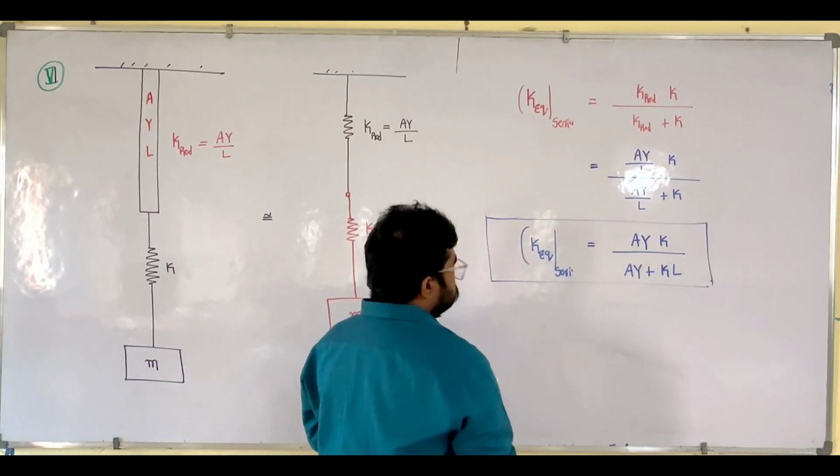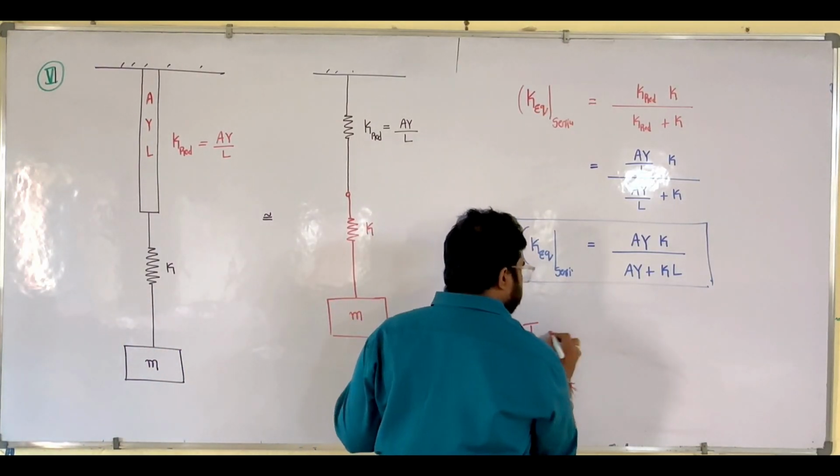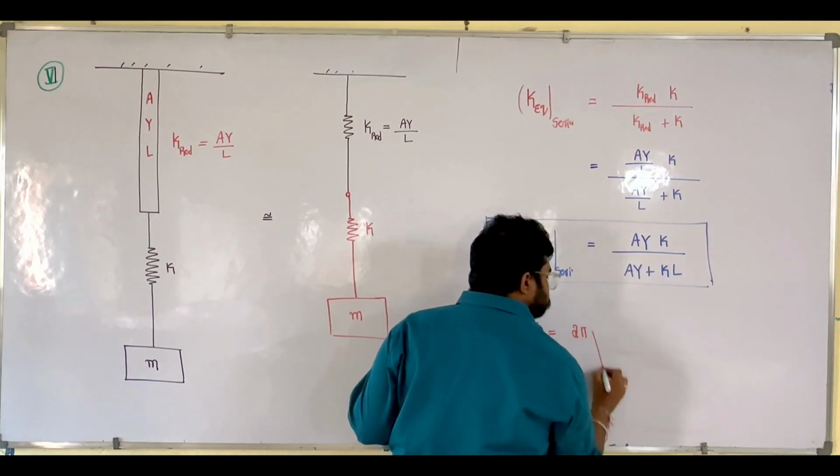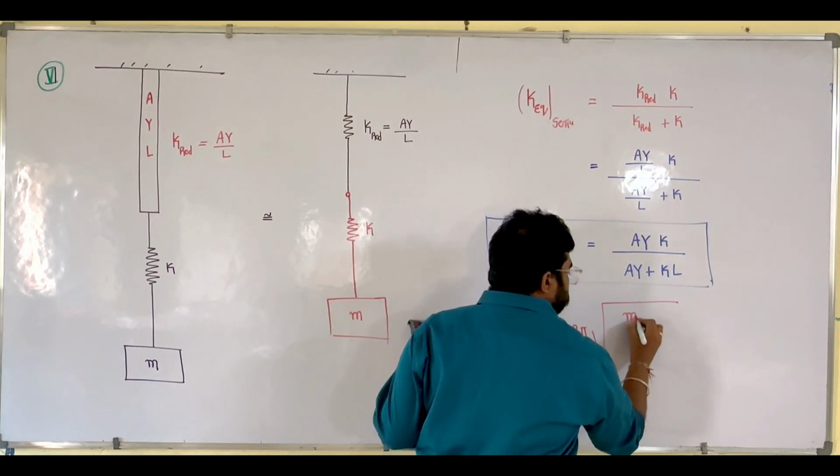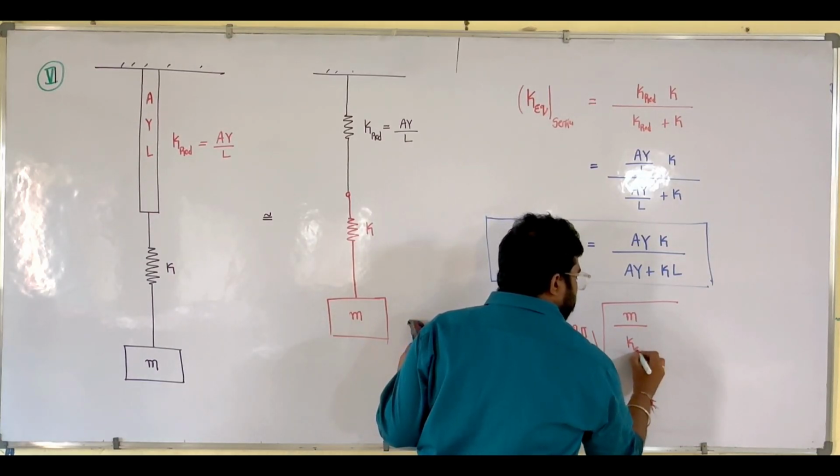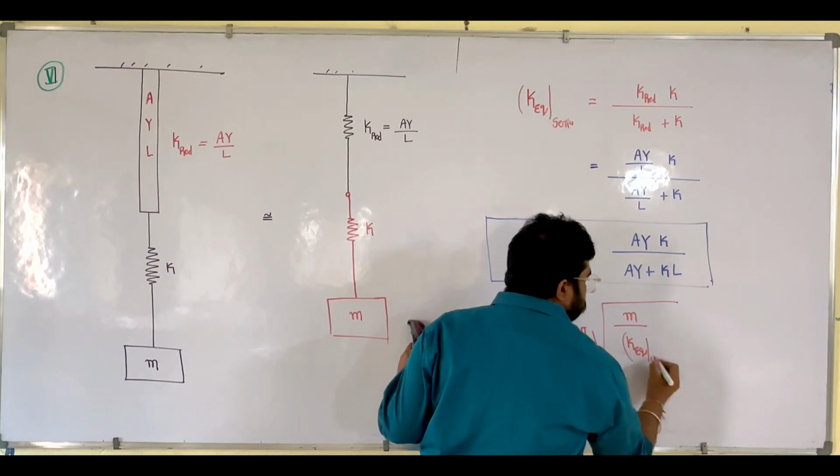Now, what is the time period T? 2 pi square root of M by K equivalent in series combination.